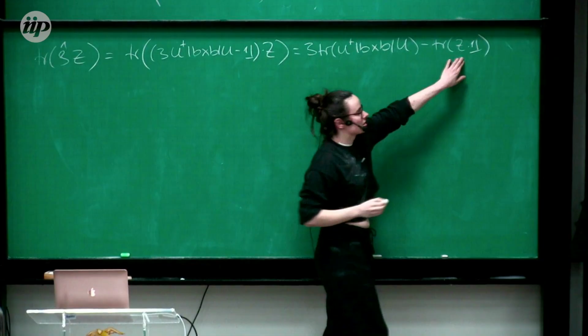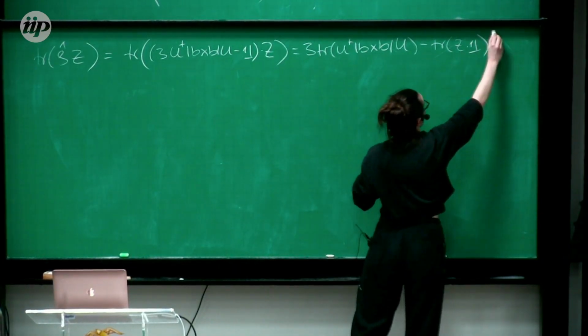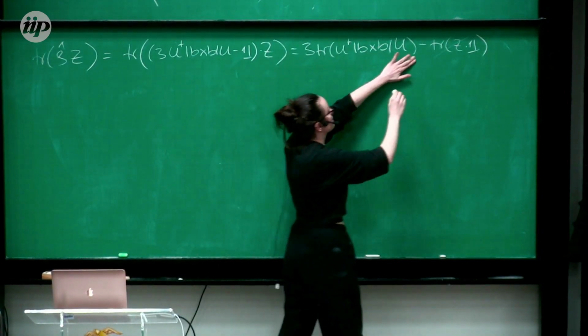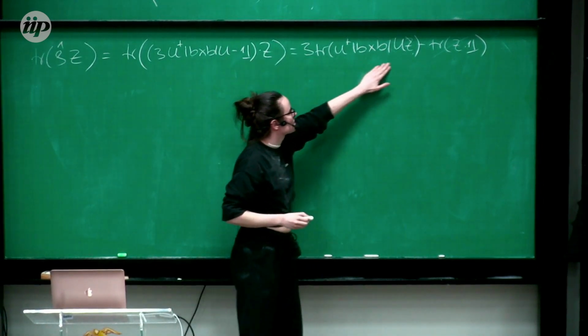And we know that Paulis are traceless, so this is just 0. So what is this term here? I forgot a Z. It's still a matrix, right?